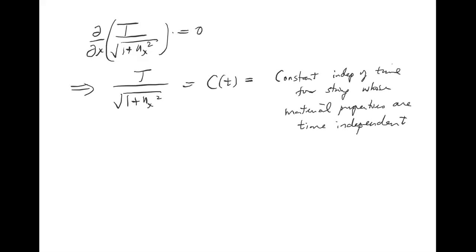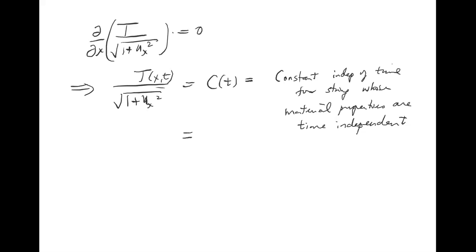Okay, so let me just make sure you get this. So now we see that this combination, T, the tension at position x and time t, divided by the square root of 1 plus u sub x squared, has to be equal to a constant. And what is this constant? Well, this is independent of time, so it will be just a constant, and I evaluate this constant when the string is in the equilibrium position.